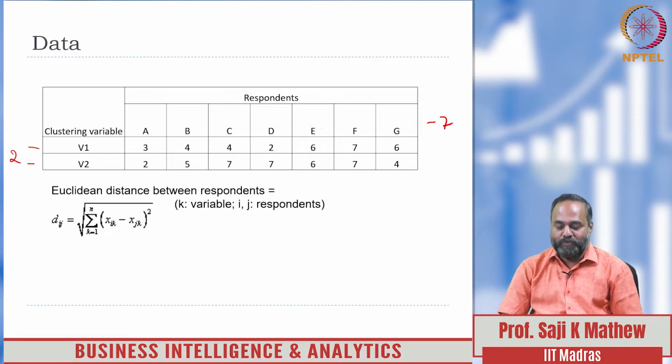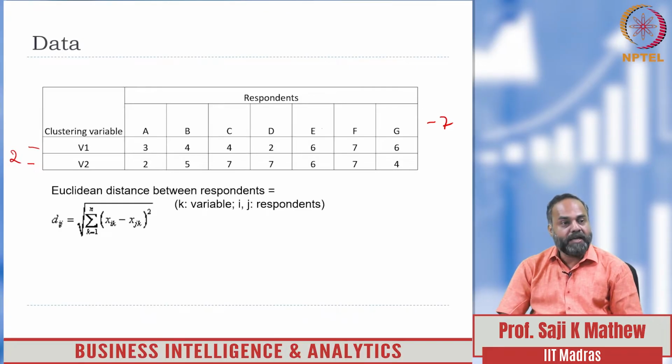So, how do we go about it? That is a simple question. How do we know that 2 or 3 persons have similar characteristics? Of course, for a small data set, by looking at the data itself, we can actually make sense. For example, look at respondents E and F. One has responded 7 7, other has responded 6 6.